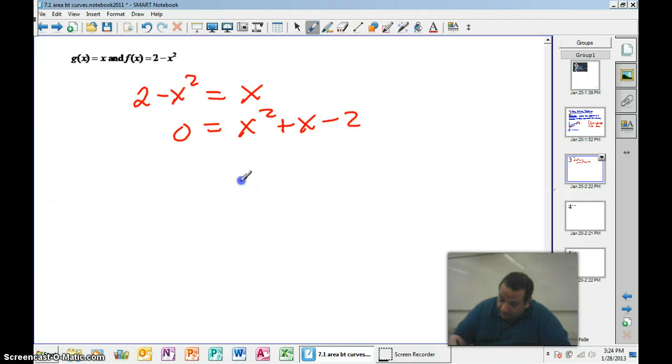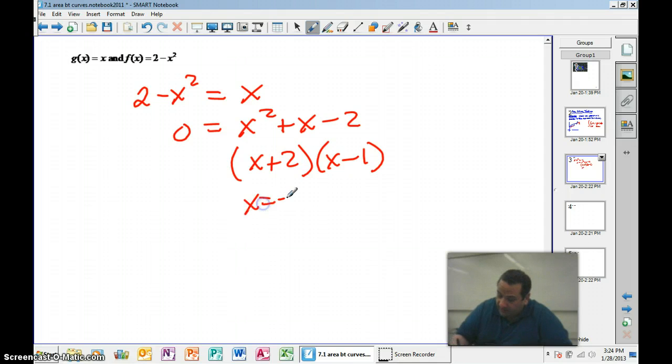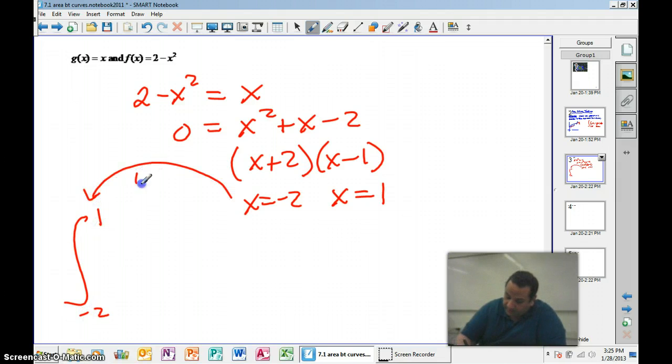Factor this and find x plus 2 and x minus 1, so they must meet at x equals negative 2 and x equals 1. Those are the points of intersection. They will become our limits of integration, or the LOI. I know we had POI, these are LOIs.